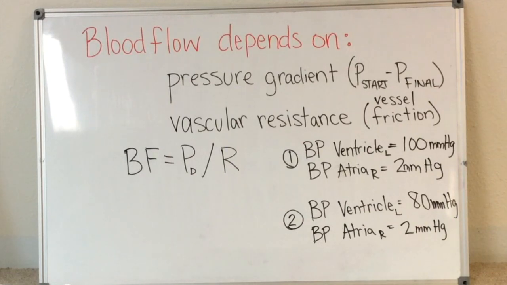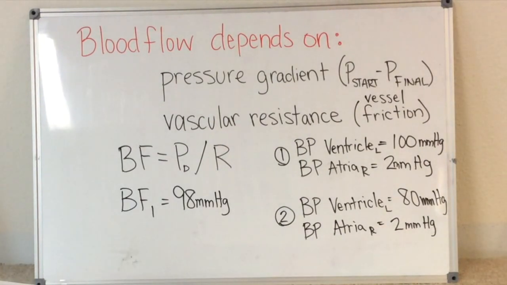The left ventricle has a pressure of 100 millimeters of mercury and the right atrium has a pressure of 2 millimeters of mercury. The pressure gradient in this case would be 98 millimeters of mercury. In situation 2, the blood pressure in the left ventricle is 80 millimeters of mercury and the blood pressure in the right atria is 2 millimeters of mercury.